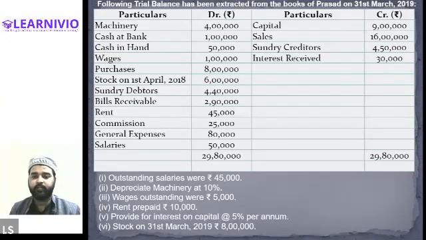Wages in the trading account will be recorded at 1,05,000. Correct? Yes. And then outstanding wages will be recorded in the balance sheet on the liability side, right? Please write it down in the balance sheet as well. On the liability side, outstanding wages, 5,000.